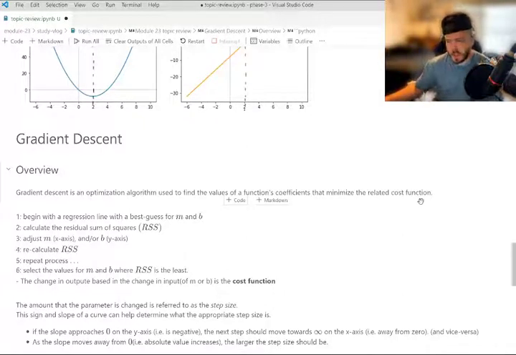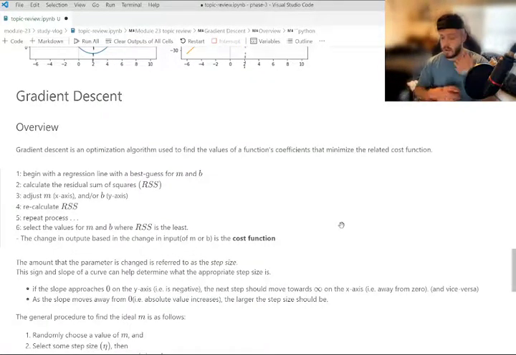For our purposes, our cost function is coming from the residual squared errors of various inputs of our regression line as we're trying to find the best fit. So say you have your scatter plot and some regression line, and you want to figure out which regression line has the least residual squared errors. So the sum of the gap from the observed data points to the predicted data points. You want to find where your RSS value is the least, right? And gradient descent is a way to figure that out without doing more math and more computation than you have to do, right?